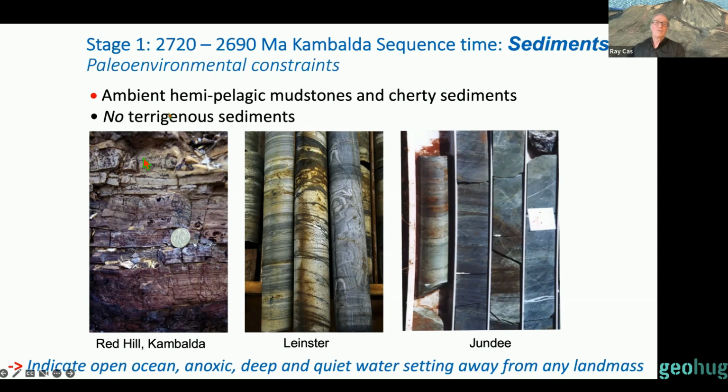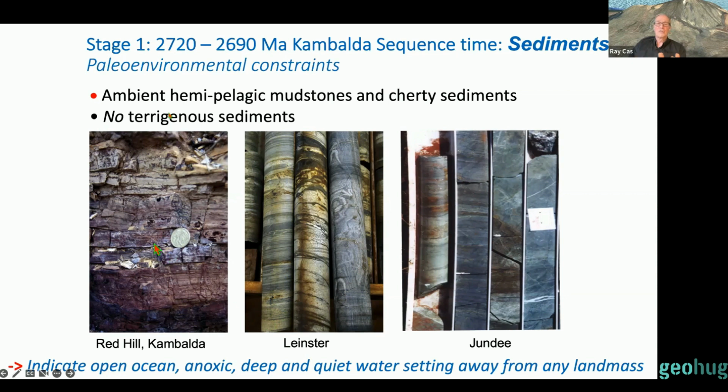And what we find during stage one is that from the southernmost end of the Kalgoorlie Terrane, for example, around Kambalda, to the northern end of the terrane up near Jundee mine, the principal background sedimentary facies are these black to grey laminated mudstones and occasionally some siliceous cherty horizons, from which, in some cases, some zircons have been extracted, suggesting that some of those could be felsic tuffaceous in origin. There are no coarse clastics, and there are very few intervals of coarse sandstones.